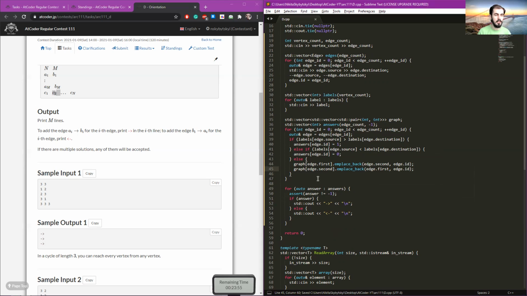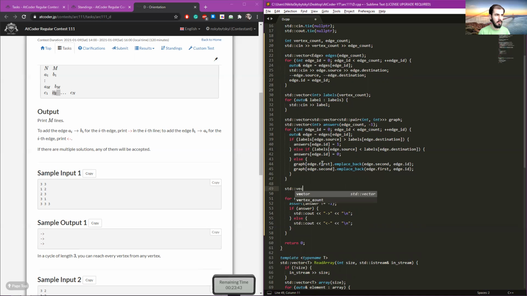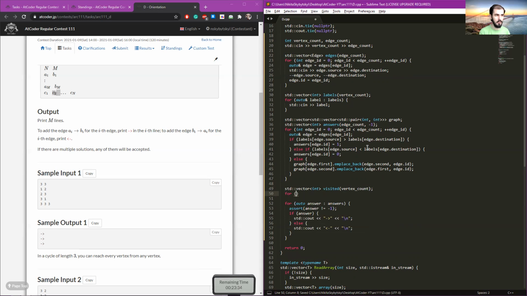We add two edges to graph, and we would like to make a series of DFS over graph and orient edges as we visit them. Okay. What is the size? Vertex count. All false.